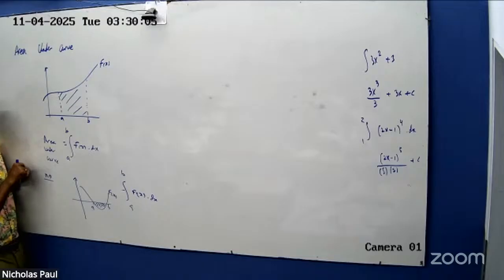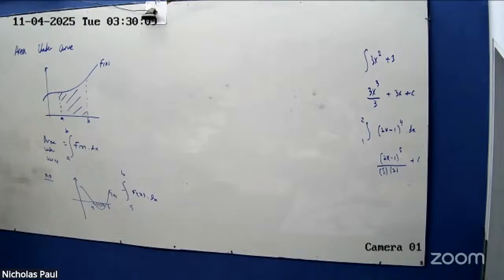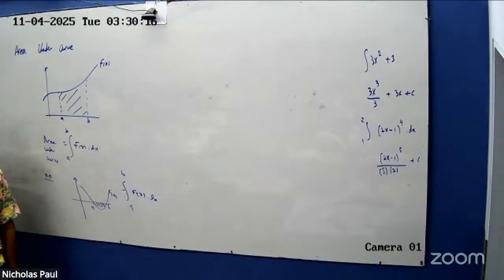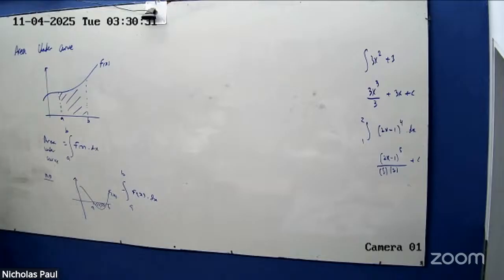That's okay? So how do you think you'll be able to figure out if the curve is below the x-axis? Find the gradient. Any guess? How are you going to do that?